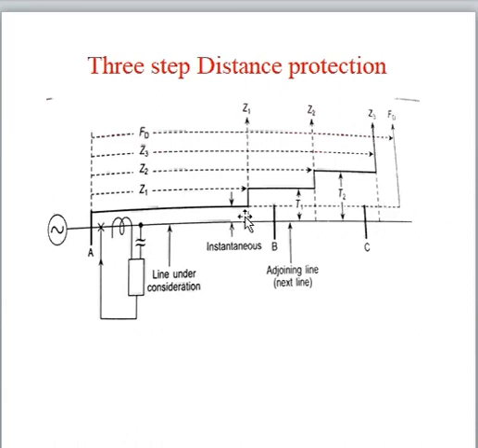We are taking 80%. If we took 100%, we could not clearly detect whether a fault is near the bus bar or outside it, so we take only 80%. Zone 2 is from here to here, and zone 3 is from here to here.